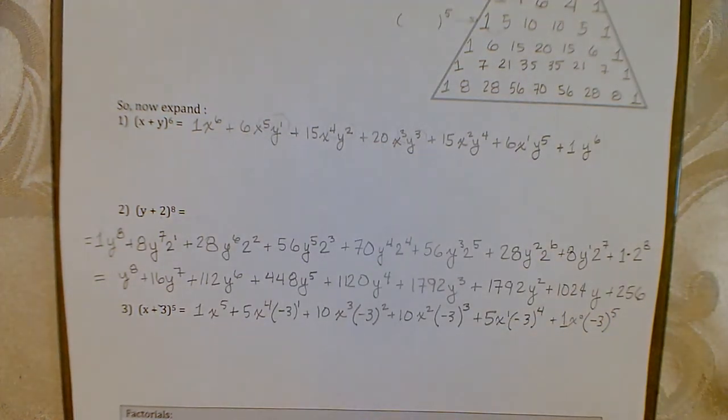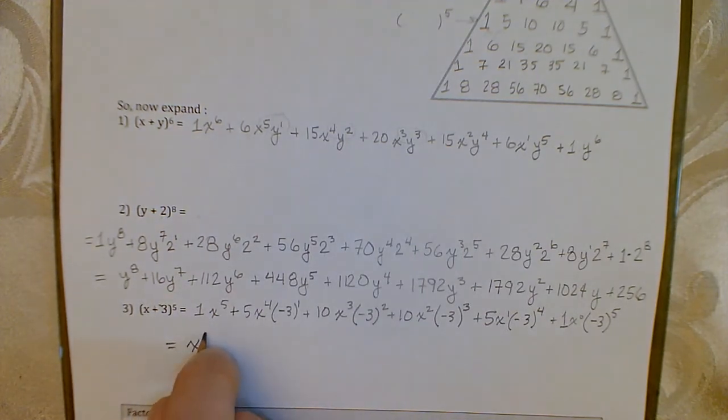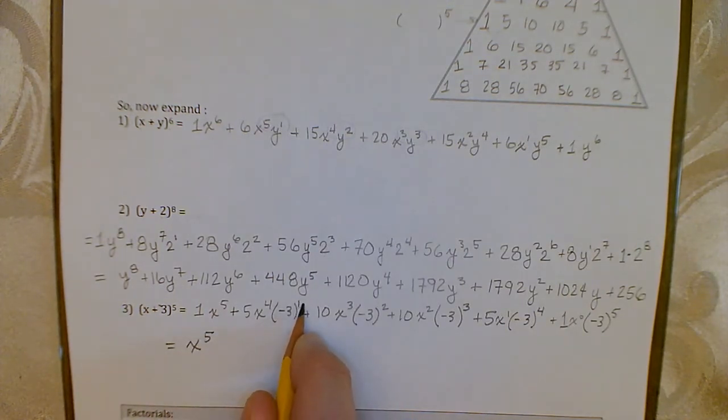Now we need to take that and expand it. Multiply the numbers together to get our real coefficients out in front. So that ends up being, and I'm going to get rid of the 1, I'm just going to say x to the 5th. Now, in this case, this will be negative because it's being raised to the odd power times a positive.